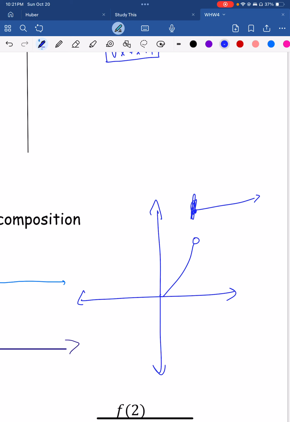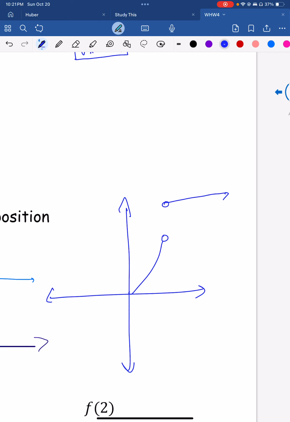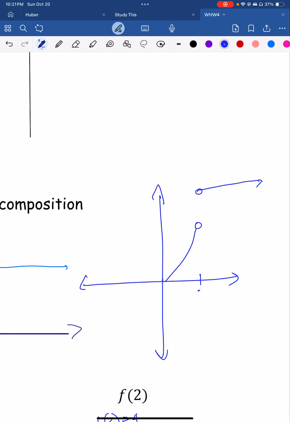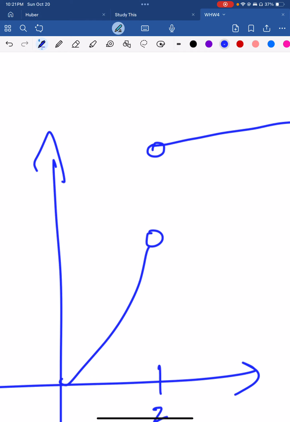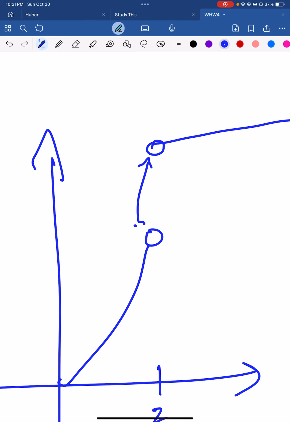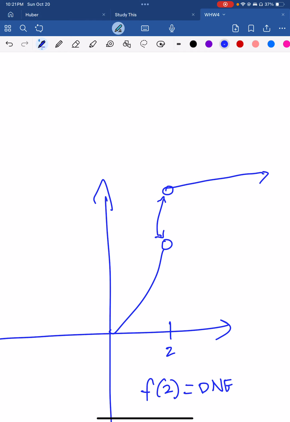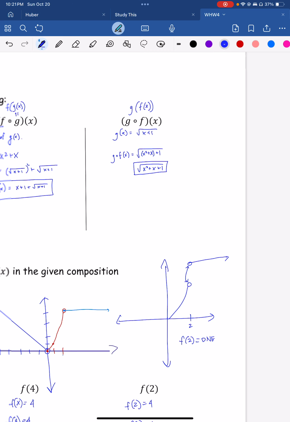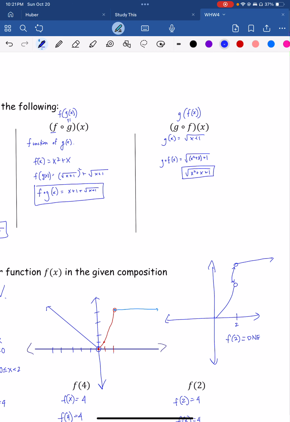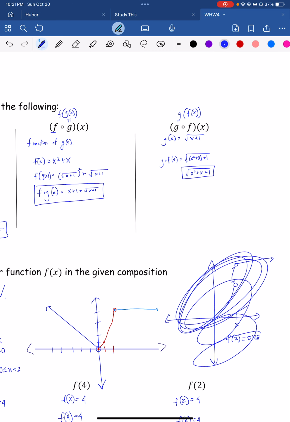Or like this, actually. In this case, let's say this is 2. If I want f of 2, I would simply say does not exist because none of my domains include 2. So there is no value for f of 2.